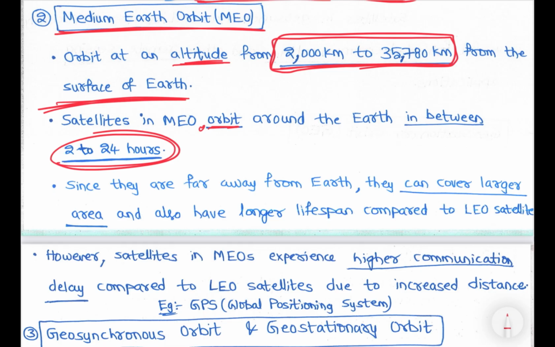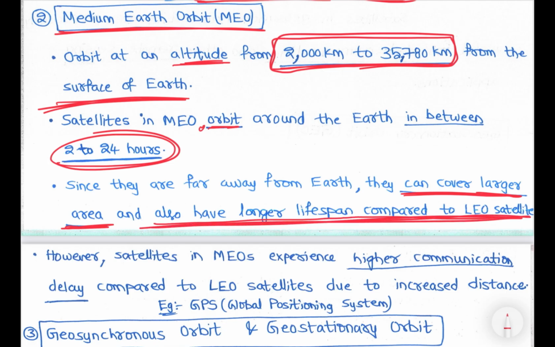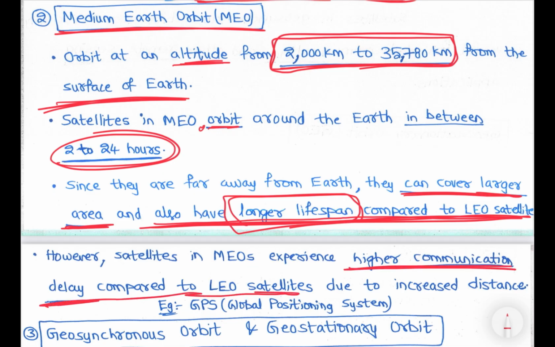Since they are far away from Earth, they can cover larger area and also have longer lifespan compared to low Earth orbit. However, satellites in medium Earth orbit experience higher communication delay compared to low Earth orbit satellites due to increased distance. Right? Higher communication delay. Right? We have understood it.